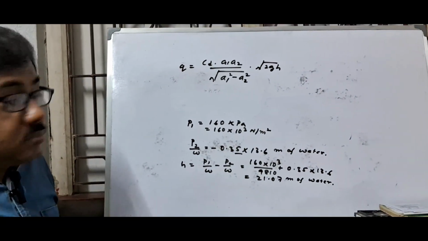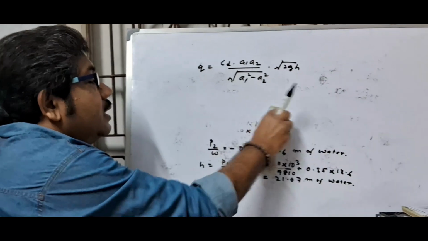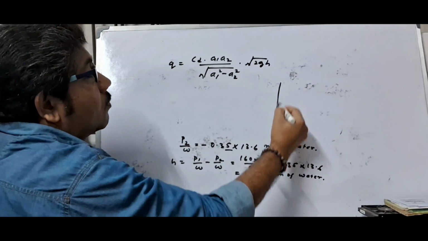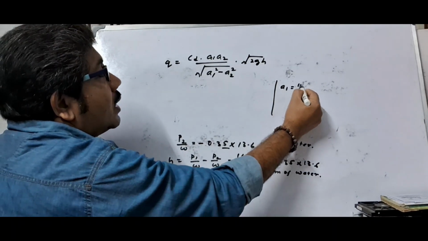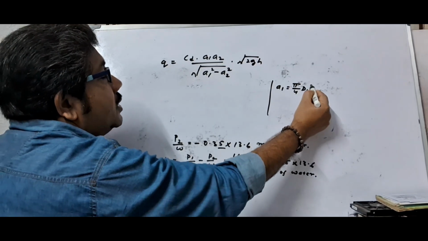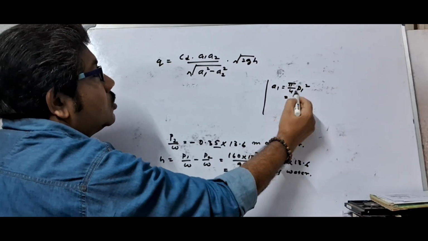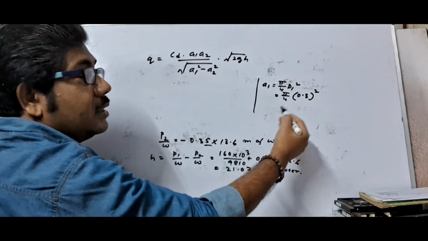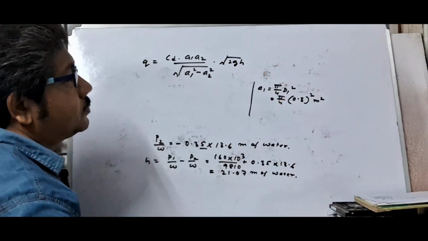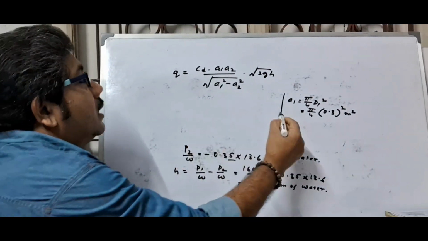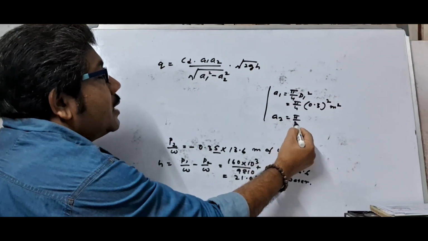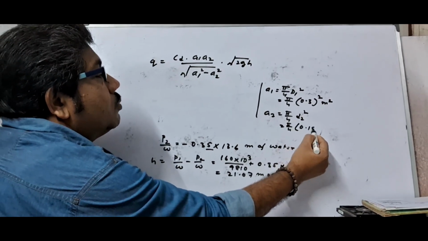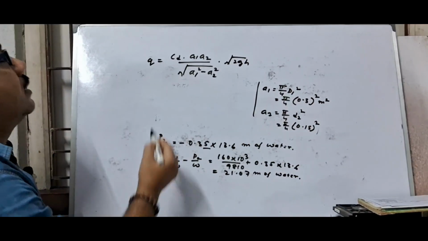Now we have to calculate A1 and A2, that means area of pipe section and area of throat section. A1 is pi by 4 D1 square, so pi by 4 into 0.3 square meter square, and A2 is pi by 4 D2 square, so this is pi by 4 into 0.15 square.